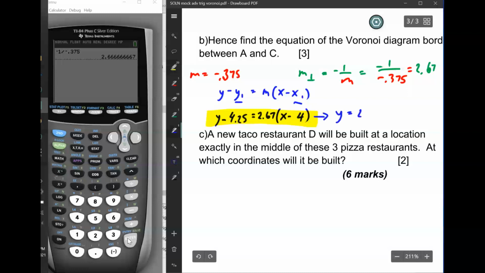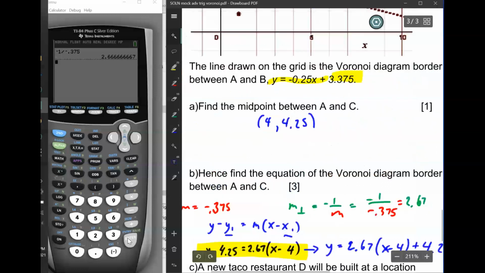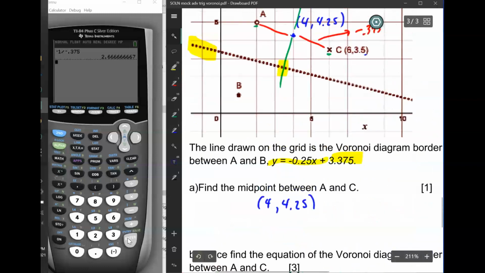We end up with y on the left by itself because we added 4.25 to cancel out the minus 4.25, and we add 4.25 on the right side too. That gives us an equation which is ready to put in the calculator. What other equation are we going to put? We want the equation of this dotted line. So let's put those two equations in the calculator, and then we'll find the intersection point.